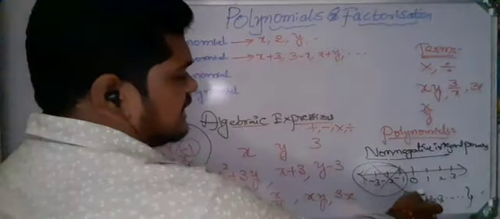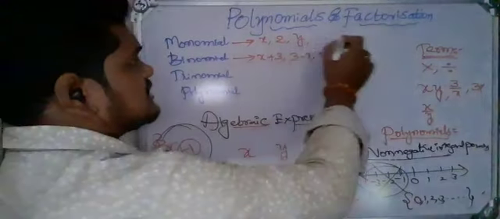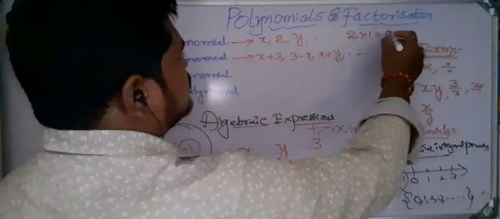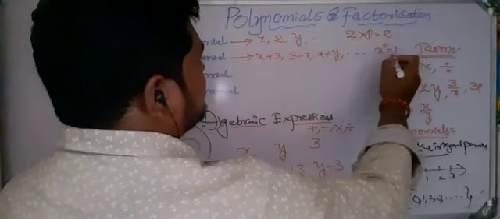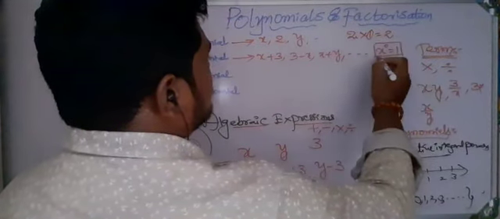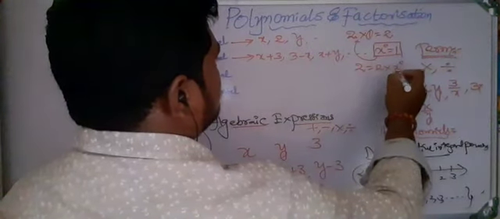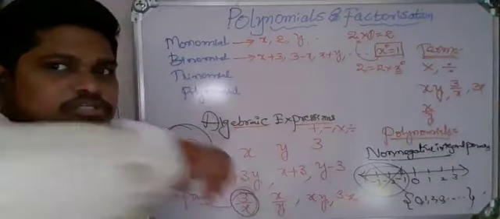Because here we have power 0. Take 2; it can be written as 2 into 1, and there is no change in 2. In exponents and powers we should remember that anything power 0 is equal to 1. So if you write 2 equals 2 into x power 0, the power of the variable is 0. Like that we use power 0 here, and the remaining have power 1, power 2, and so on.